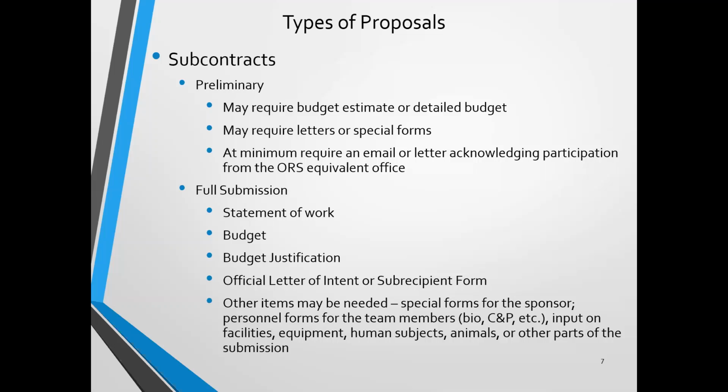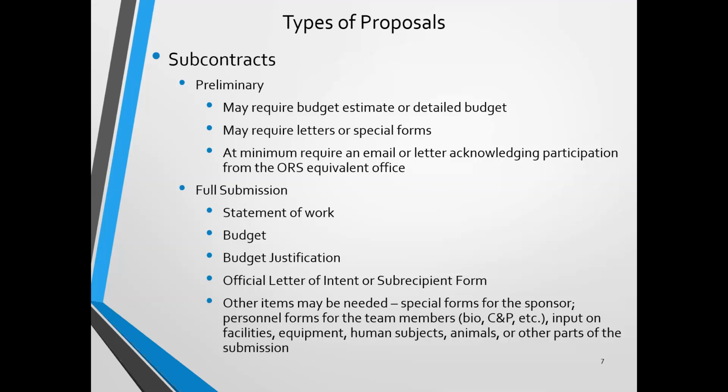At full submission on a subcontract type of proposal, a statement of work, a budget, a detailed budget, a budget justification, and an official letter of intent or a subrecipient form is needed. And this has to be signed by a person who has authority to commit the organization for the work that's being proposed.